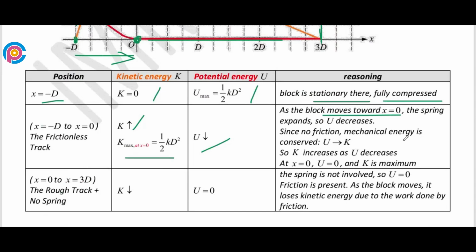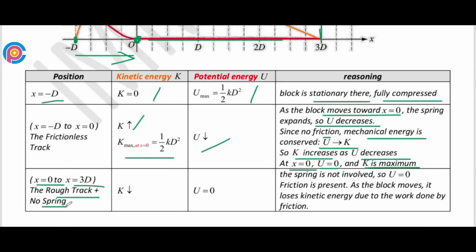As the block moves toward x equal to 0, the spring expands and potential energy decreases. With no friction, mechanical energy is conserved, and potential energy is converted to kinetic energy. As K increases, U decreases. At x equal to 0, U is 0 and K is maximum, as we have seen in the graph.